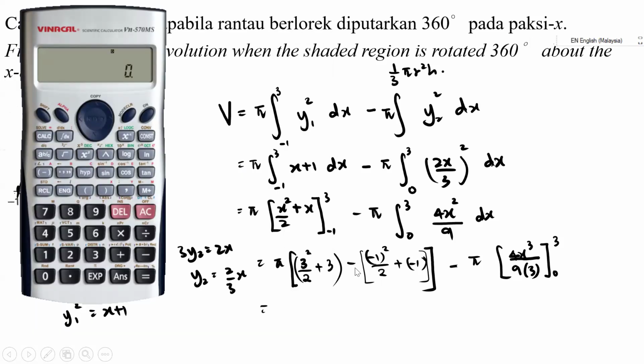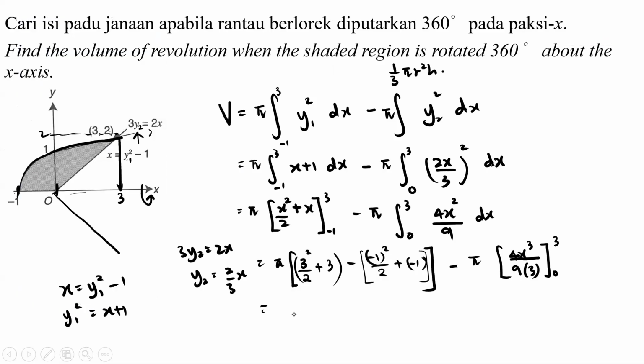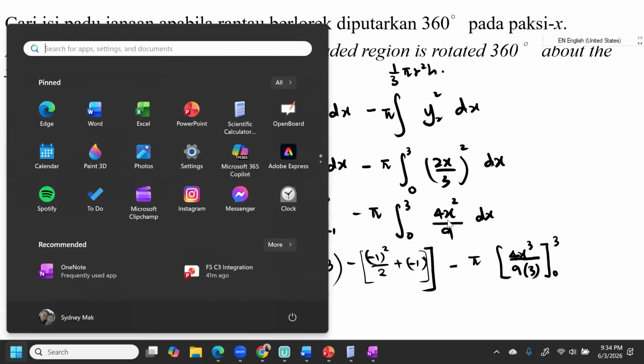So for this one, the integration is x plus 1. So integrate x plus 1 for the boundary -1 to 3. It's 8. So we have 8 pi here. Minus this one.